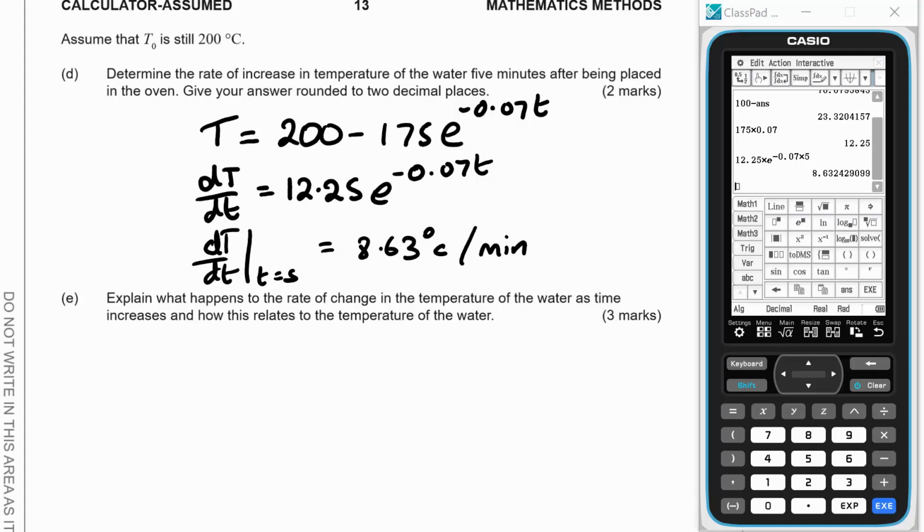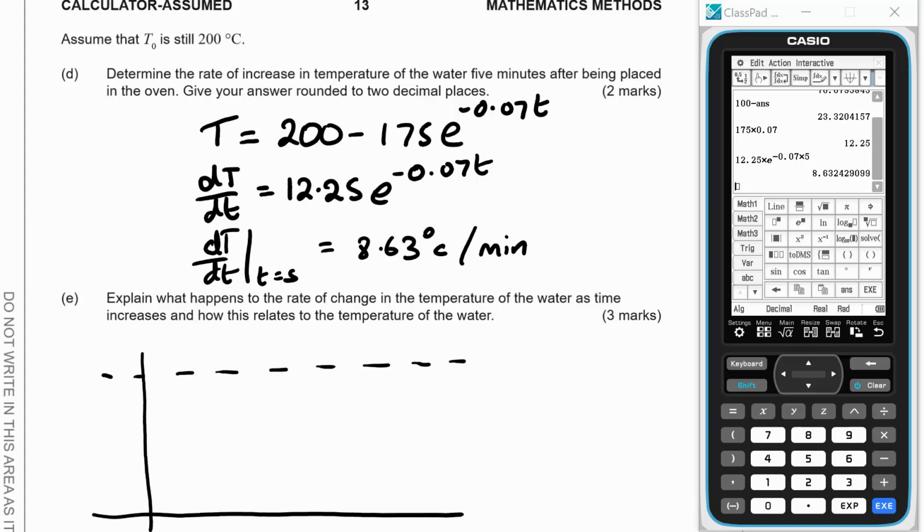So, explain what happens to the rate of change of the temperature of the water as time increases and how this relates to the temperature of the water. So, if that's T0, we know this is an exponential, and so initially this is going to increase quickly, but then it will come over and it will asymptote to T0.